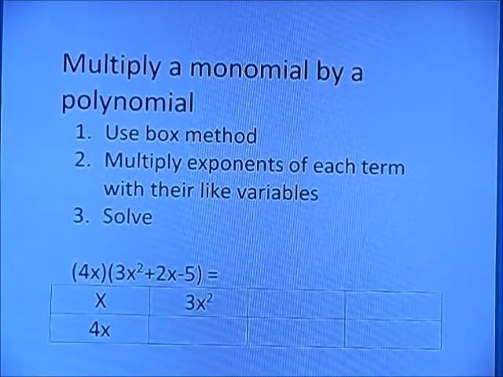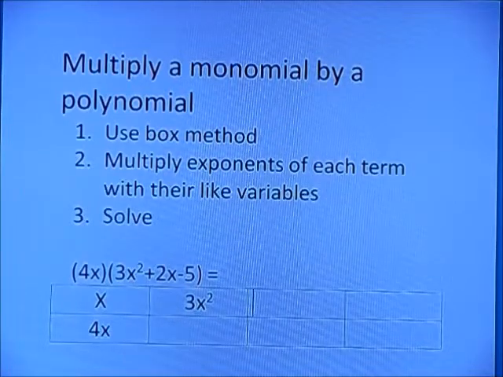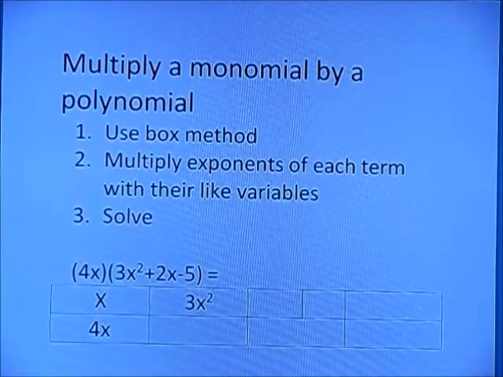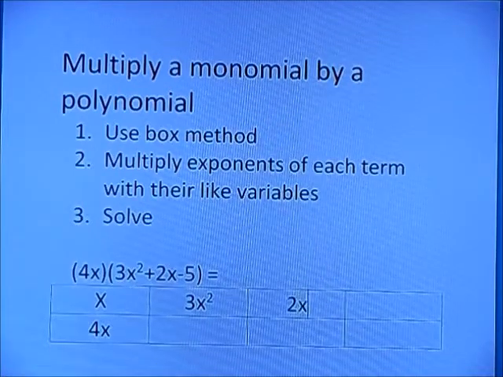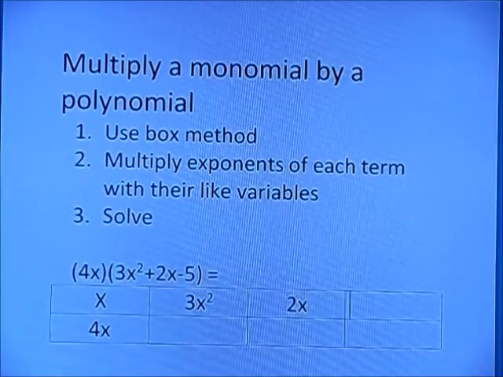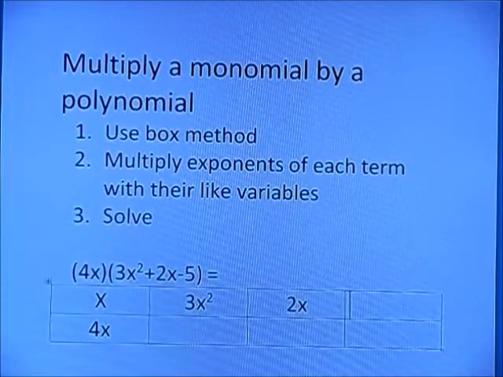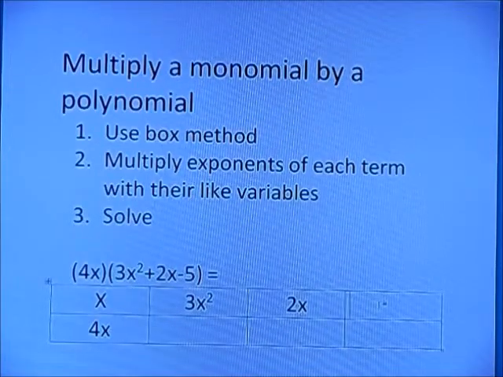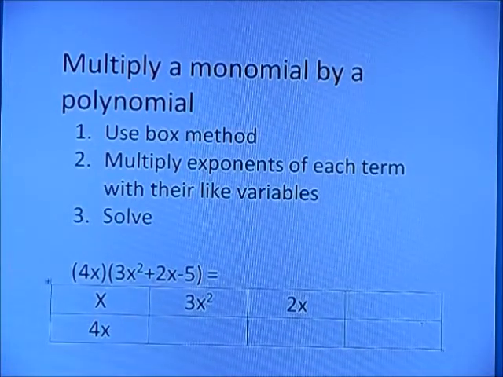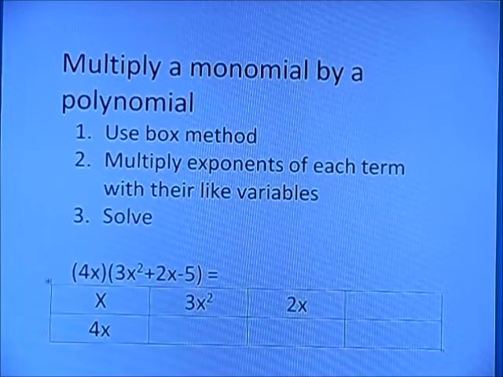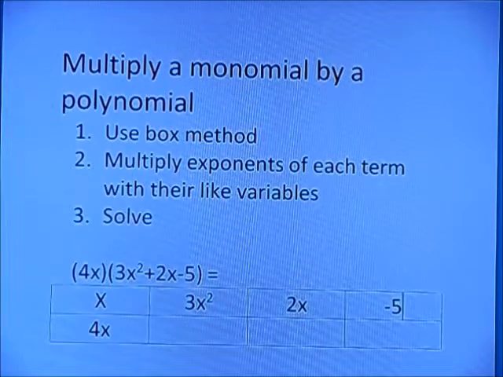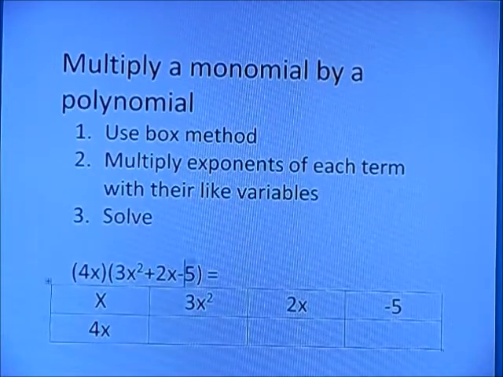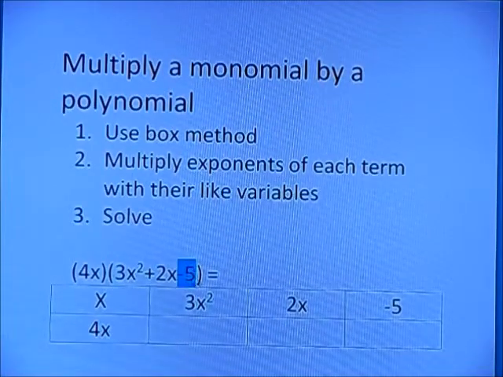Okay? Times 2x. Now here, remember, you see that's a negative? That over here, there has got to be a negative 5. It's got to be a negative because negative 5's up here. It's a negative, remember that.